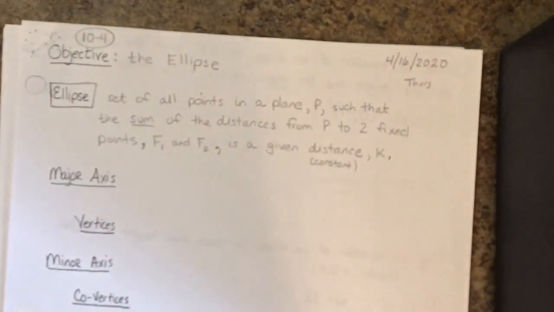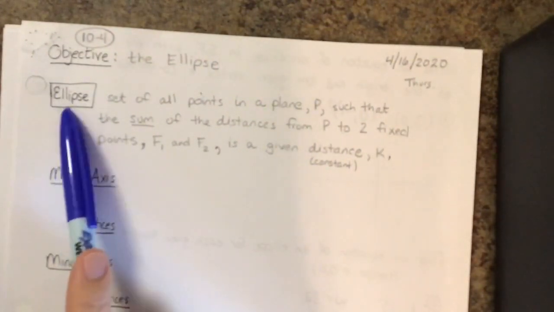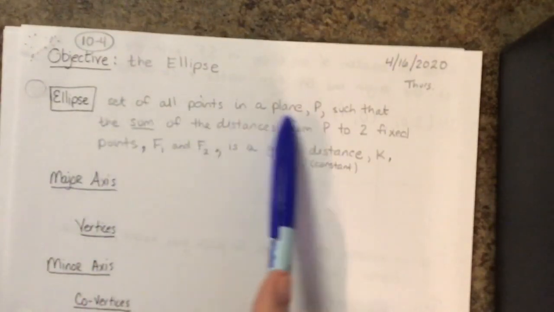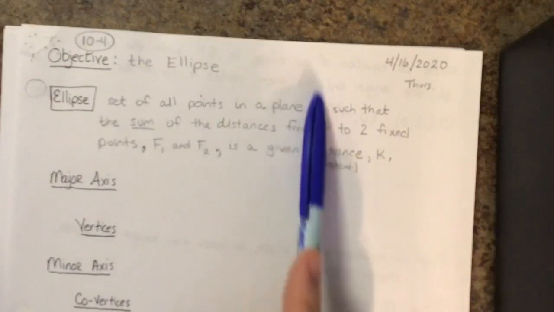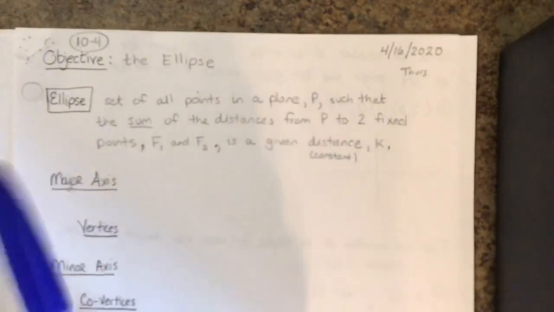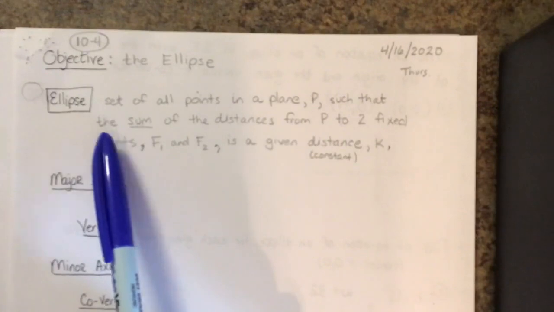All right, the definition of an ellipse. All 4 conic sections start out the same in their definition. Set of all points in a plane. You can call that set of points P, right? Such that, now this is where it's different, quite a bit different, I'd say. Well, a bit different from the other two.